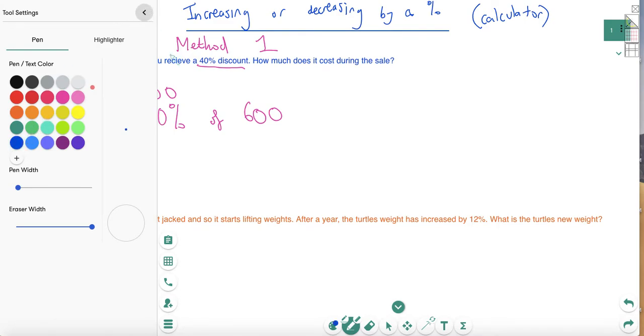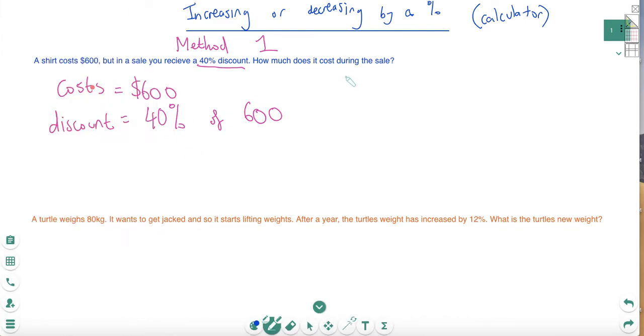To find a percentage of a number, you first turn the percentage into a decimal. And in order to turn the percentage into a decimal, we always divide by 100. So if the discount's 40%, we're going to do 40% divided by 100, 0.4.